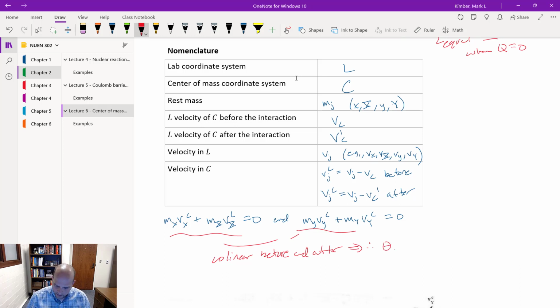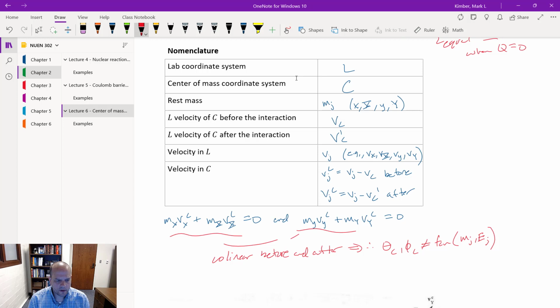The end result here is that if I'm looking at my emission angles, either theta or phi in the center of mass coordinate system, then these are not going to be functions of either the masses or the energies. And that's part of the utility, or part of the value of what this center of mass reference frame provides.